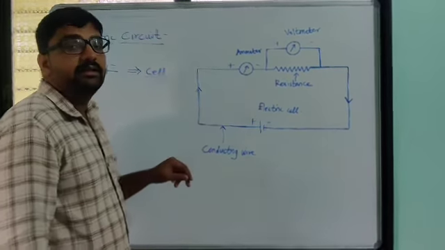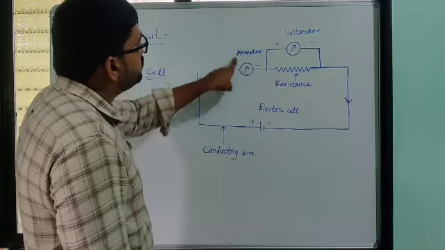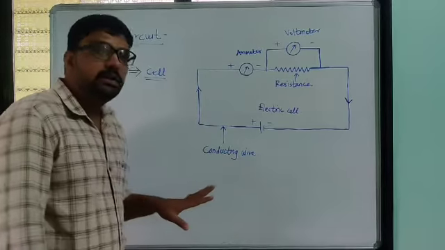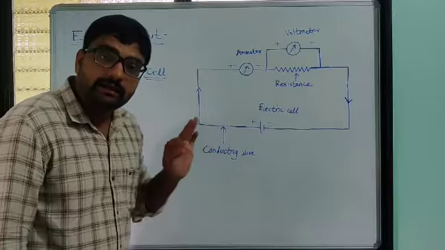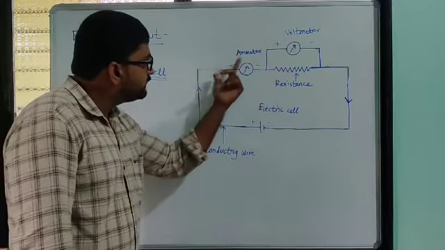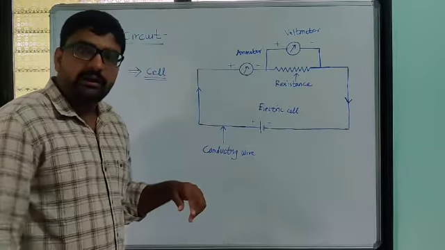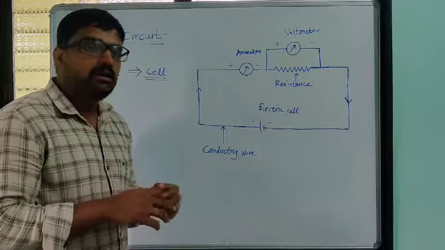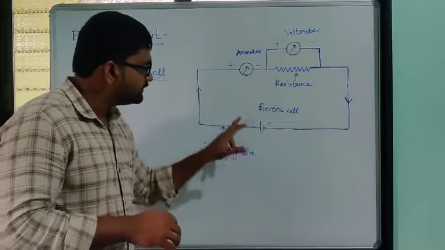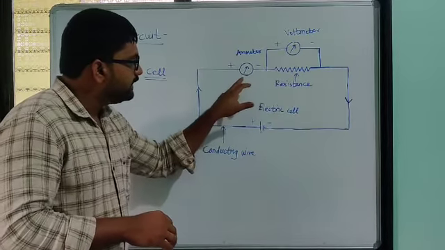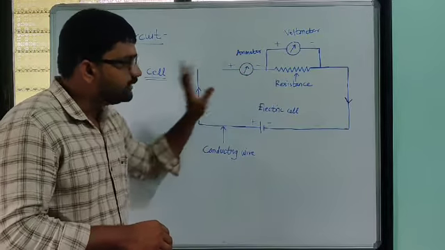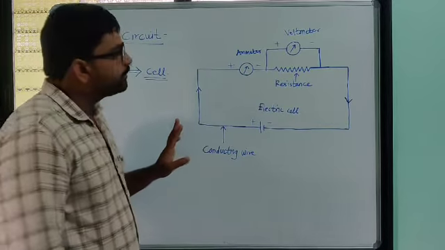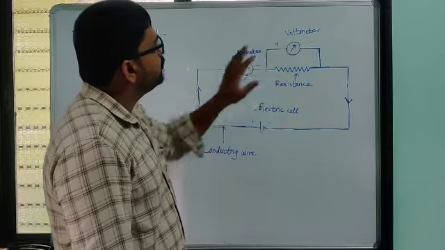The function of an ammeter is to measure electric current. It is very sensitive to electric current. If a very small electric current passes through this electric circuit, we can very easily detect it using this ammeter.